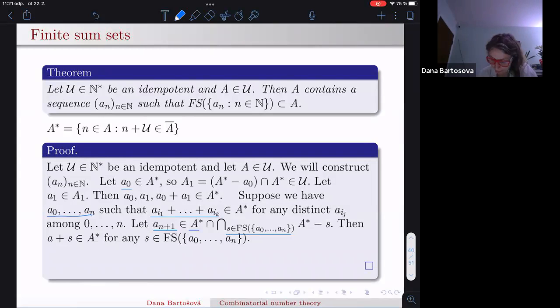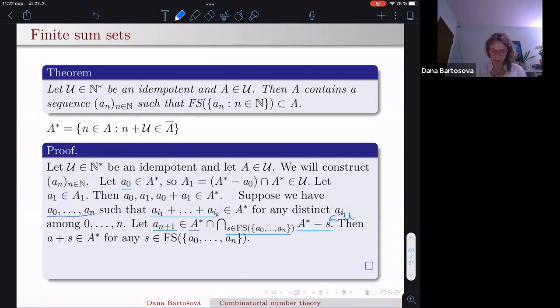And I'm going to look at this shift of A star minus S, which by the previous definition of how I'm building the sequence, these are all going to be in the ultrafilter, and I'm taking a finite intersection, so this is still going to be all in the ultrafilter.